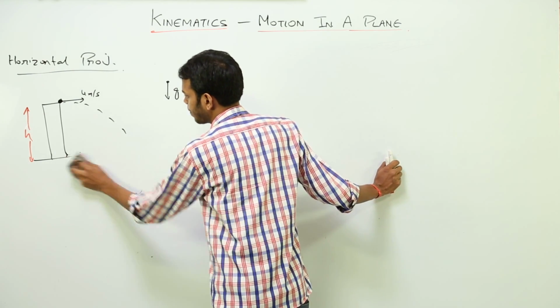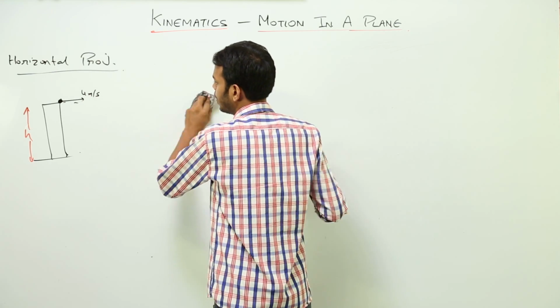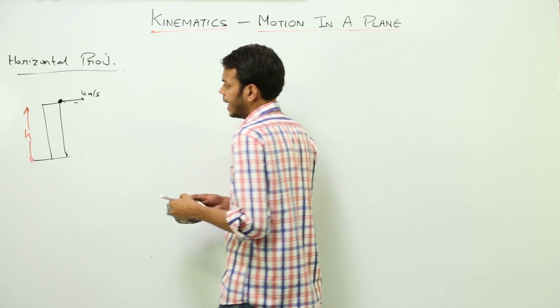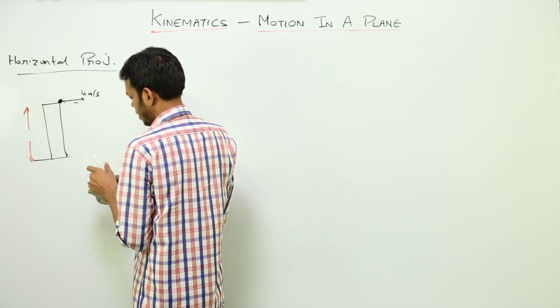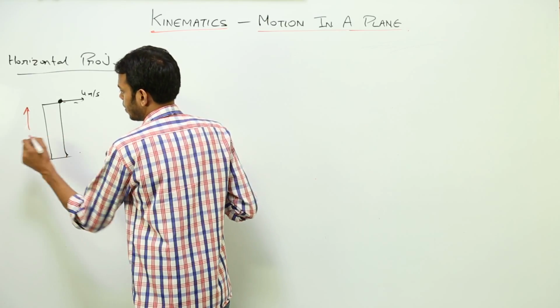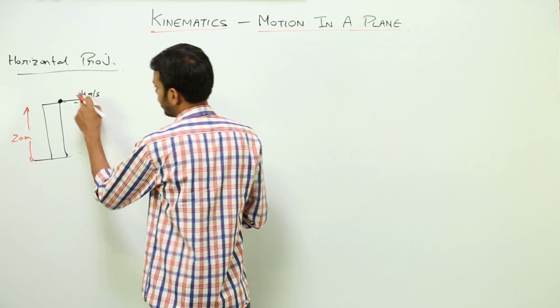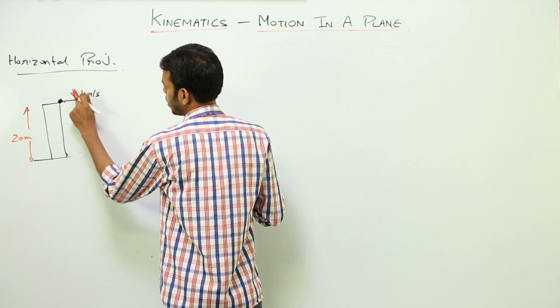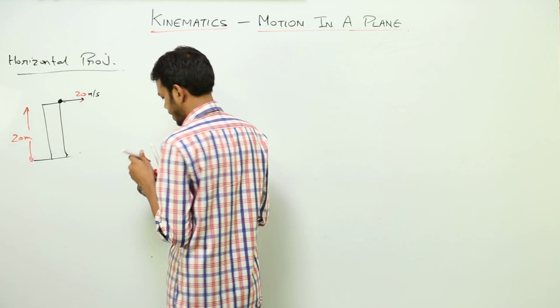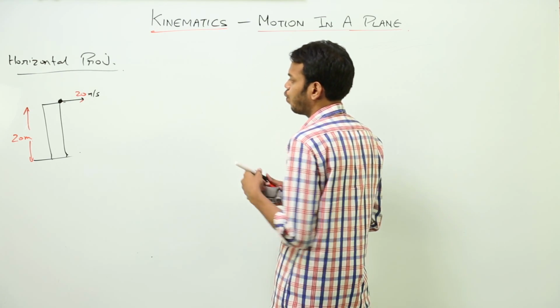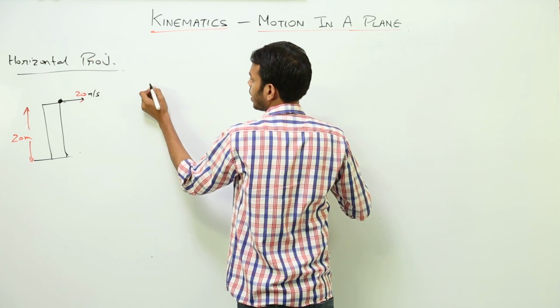So this time the values given to us are 20 meters and the velocity is 20 meter per second.